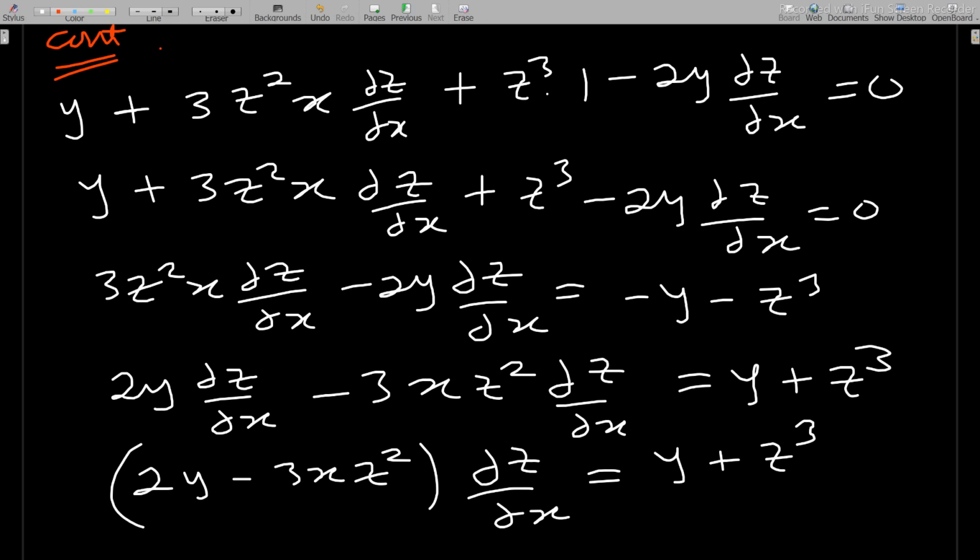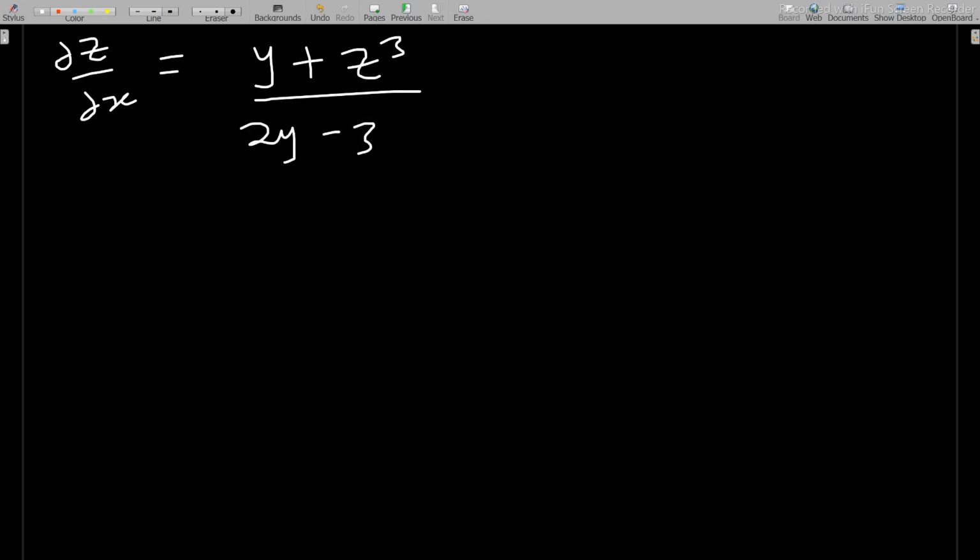Making del z del x the subject, simply we have del z del x being equal to y plus z cube all over 2y minus 3xz squared. So this is my del z del x, but we are supposed to simplify this at the point 1, 1, 1.